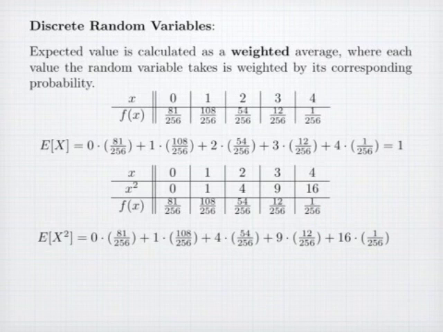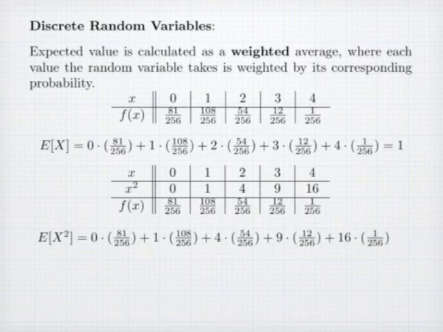If I'm interested in the expected value of x squared, then I'm going to get 0, that's the first value of the x squared table, times the probability that I see x equals 0, plus 1, that's 1 squared, times the probability of that, plus 4, that's 2 squared, times the probability I get a 2, plus 9, that's 3 squared, times the probability I get a 3, plus 16, that's 4 squared, times the probability that I would see a 4.